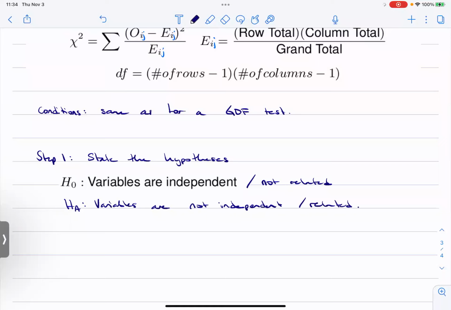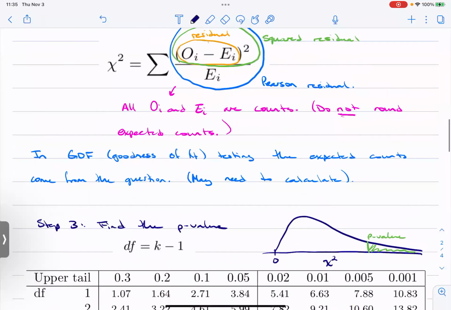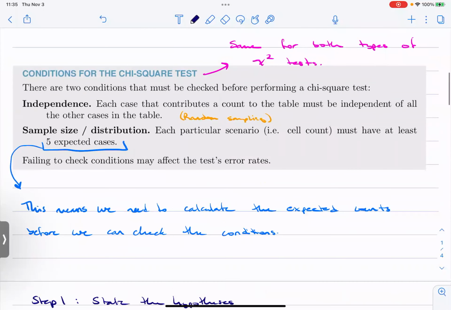Or they are related. Can you go back to the conditions? Yes. The first condition of the goodness of fit test is independence. But we're also testing for independence. Yes, I know, terrible, right? But yeah, that's fair.